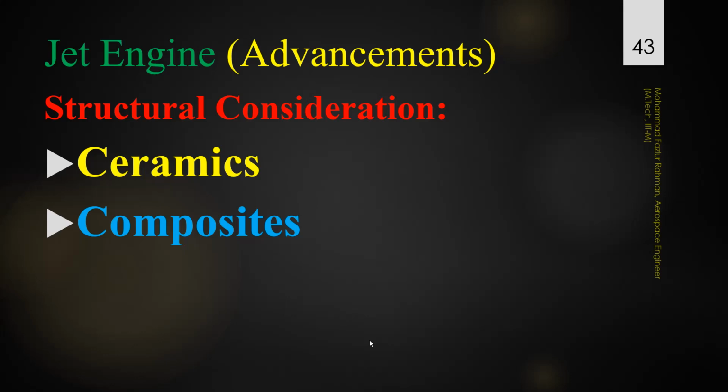In the case of improving performance, we can use ceramics in the combustion chamber area, which can be lighter compared to metallic alloys and more heat resistant, so it can give better performance there. And composites can be used in the manufacturing of the compressor especially, and this can reduce a lot of weight, and this can help in improving aircraft engines.